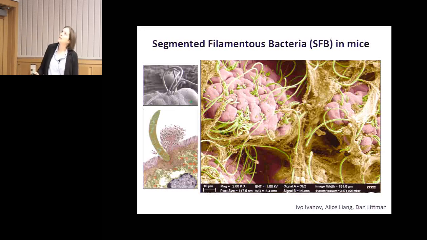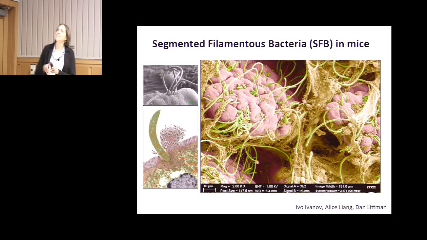And so here we're looking at a false colored image. And you can see the small intestine villi sticking out here. And the SFB is a segmented, long filamentous structure that's in very close contact to the epithelial cells. And it turns out that these mice have interesting phenotypes. And these microbes can induce changes in immune cell populations.